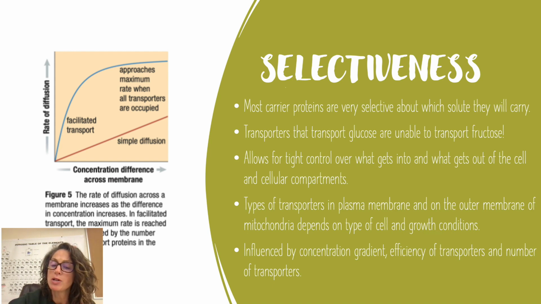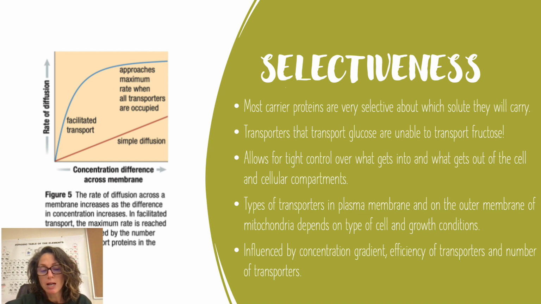And we know how similar glucose and fructose are. They're isomers of each other. This allows for tight control of what gets into the cell or other organelles. And this is really important. So the cell can have very strict regulation of what is coming into the cell and staying in the cell.